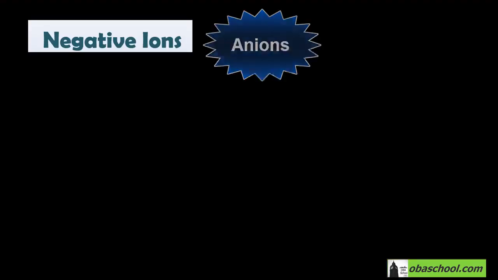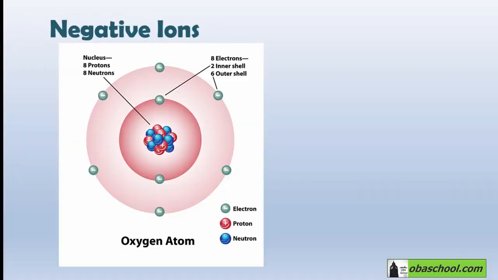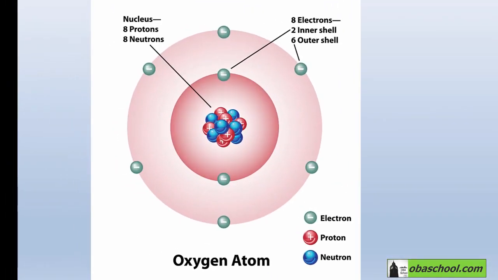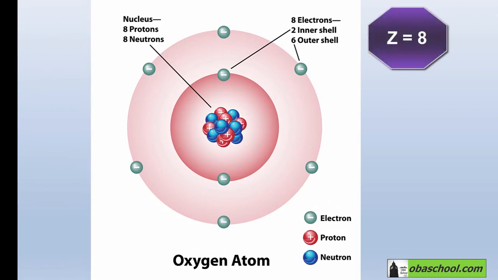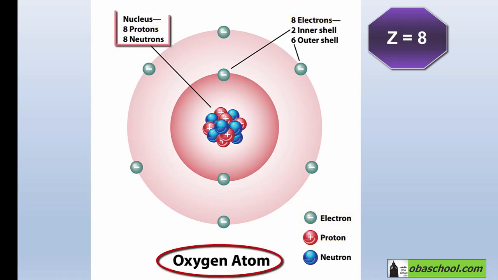Let's look now at negative ions, or what is called anions. So we will take an example, which is the oxygen atom. The atomic number of an oxygen atom is 8, which means that it has 8 protons and 8 electrons because it is a neutral atom. So an oxygen atom has 8 protons inside the nucleus, and it has 8 neutrons as well.